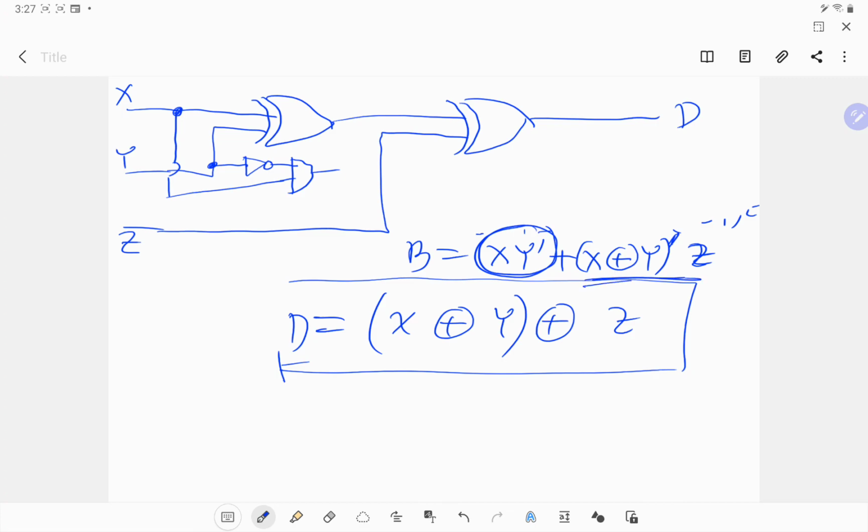Then we want to implement the second term, so we need an inverter. And this will give us X exclusive NOR between X and Y. Then we have the Z, so we need an AND gate, first input and the second input. So we got 2 terms, the first term and the second term. Then we need an OR gate.